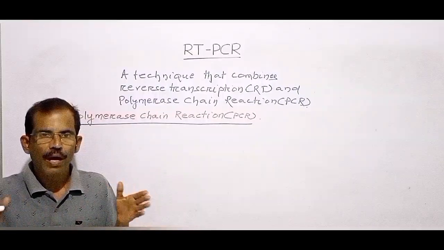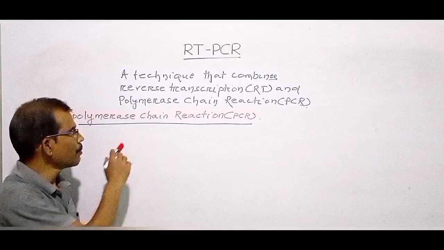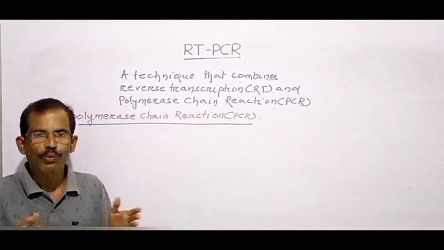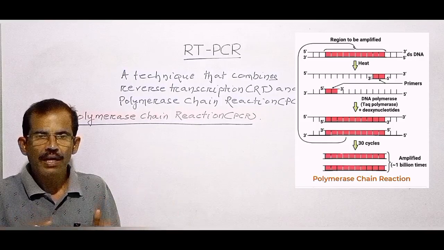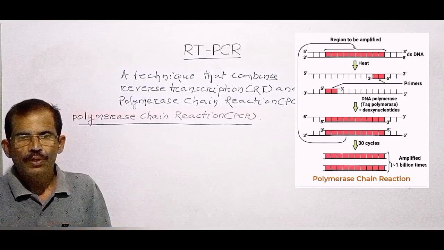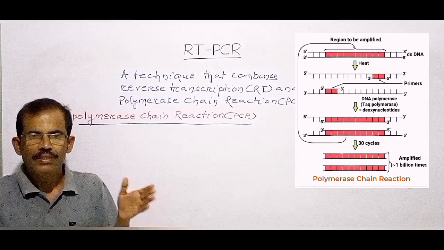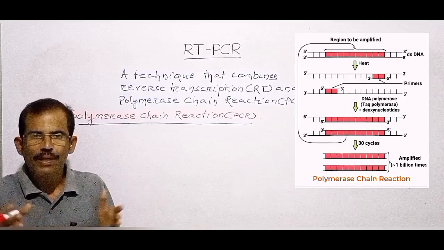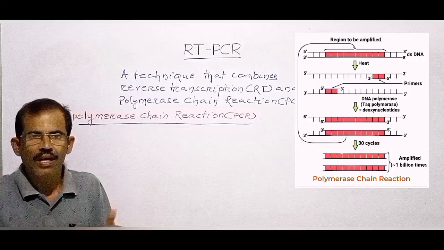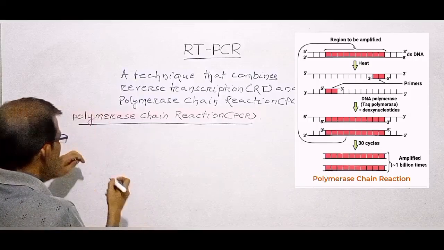Second step of RT-PCR is polymerase chain reaction by which cDNA copies are amplified and analyzed. Based on whether the cDNA sequence is analyzed at the end of the process or in real time, there are two different methods.